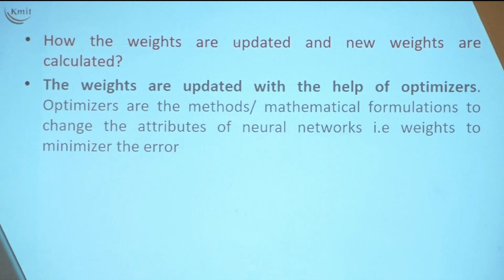For the initial classes we will just use gradient descent, a simple optimization algorithm. I repeat, we have so many different types of optimizers which help us in updating weights in backward propagation. But for now, for the initial sessions, we will be using the basic optimizer called the gradient descent optimization algorithm.